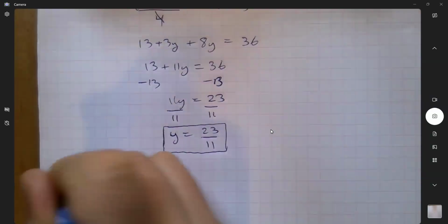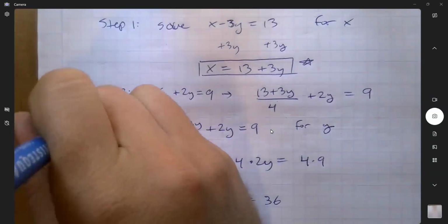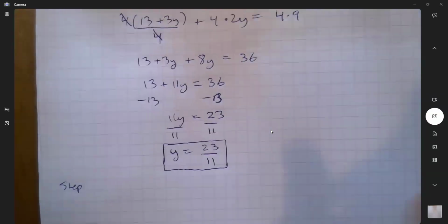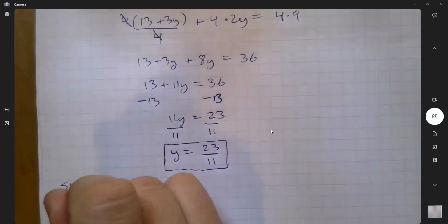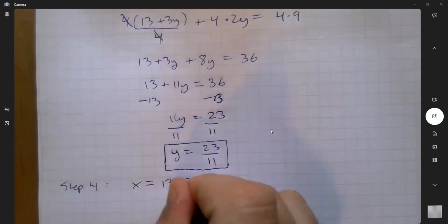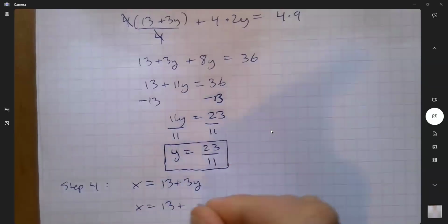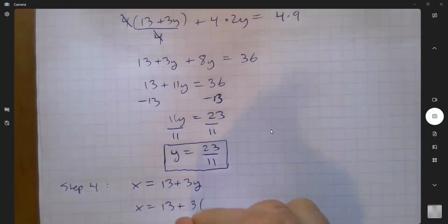And so let's see, that all was step 3. And step 4 is to use that solution in my starred equation, x equals 13 plus 3y. And I know what y is, so x must equal 13 plus 3 times 23 over 11.